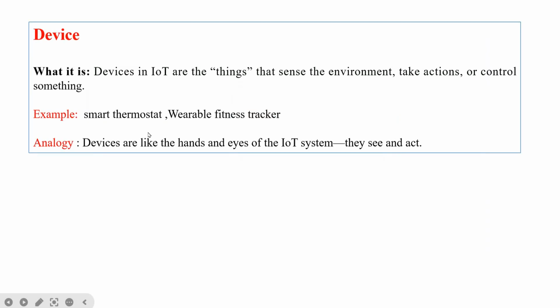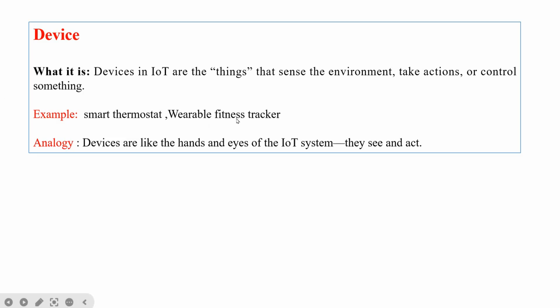First, we'll see what a device is. Devices in IoT are the things that sense the environment, take actions, or control something. An IoT system comprises devices which provide sensing, actuation, monitoring, and control. For example, a thermostat senses the room temperature and can turn the heater or AC on or off.